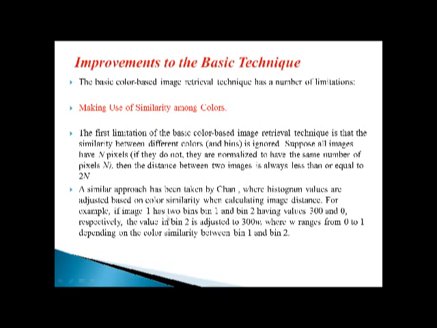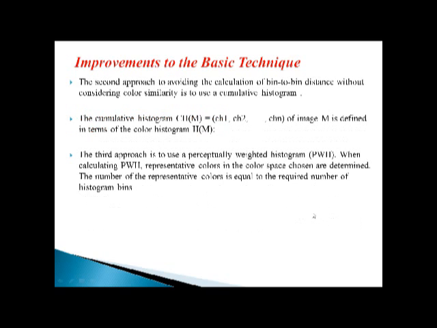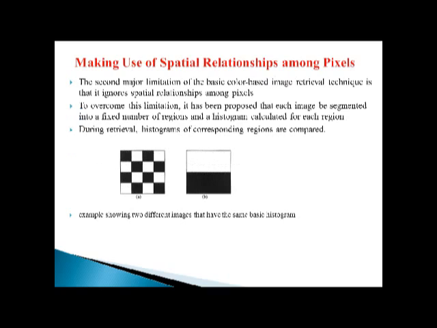It can be stored in a number of bins, either 1 bin or 2 bins, or up to 300 values. Next you can find the cumulative histogram. You can have a histogram chart with an X and Y axis. The X axis represents one histogram and the Y axis represents another histogram based upon the colors.